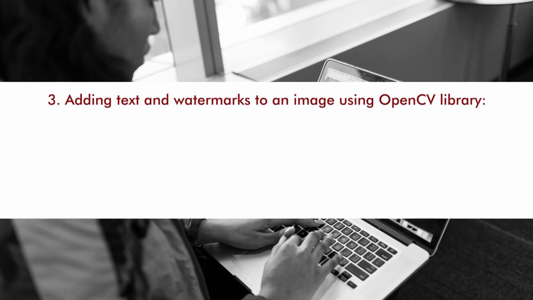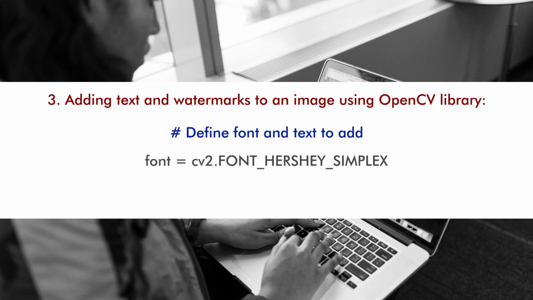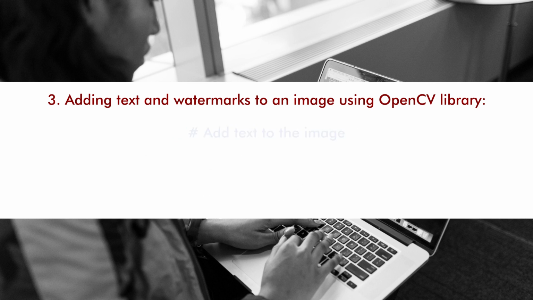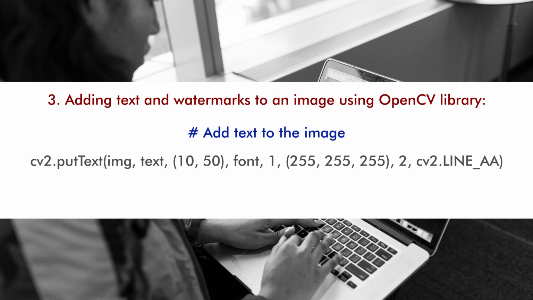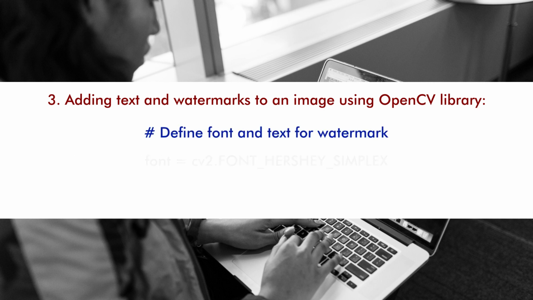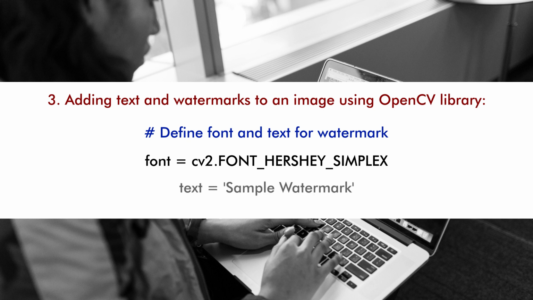Adding text and watermarks on an image using the OpenCV library, this is the code through which we can add watermarks and text to an image. In this example, the cv2.putText function is used to add text to the image and the cv2.addWeighted function is used to add the watermark to the image.